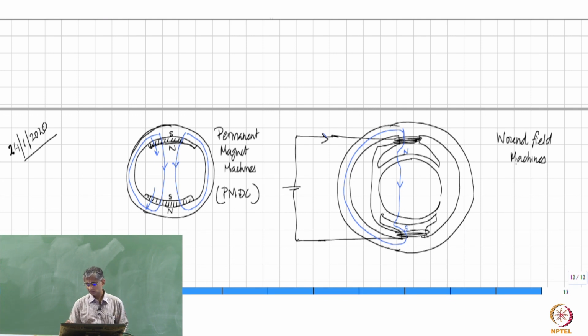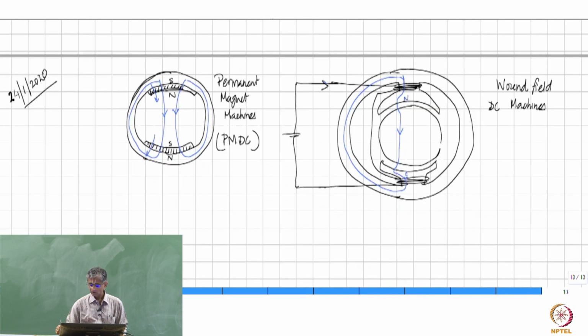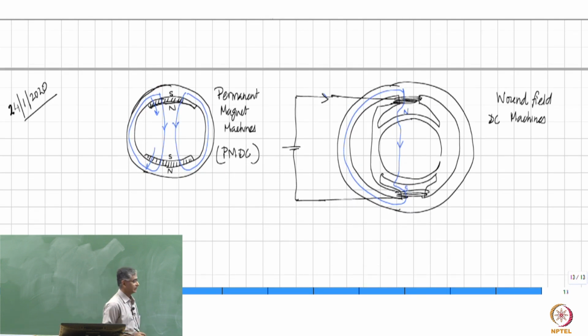These are simply DC machines, wound field DC machines. Obviously you can see that the mechanical arrangement is a little more involved in the second case, and this machine will therefore be bigger than the other one, which is quite obvious from the figure.